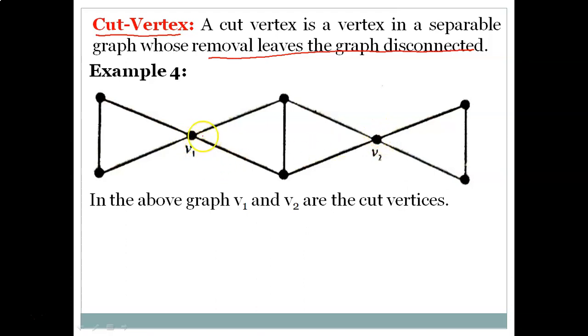If I remove this vertex V1, these 4 edges will go, and we will be left with this particular edge with these 2 vertices, and this part will remain as such. And if I remove V2, the same thing will happen on this side. These 4 edges will go, and we are left with only the part on the left-hand side.